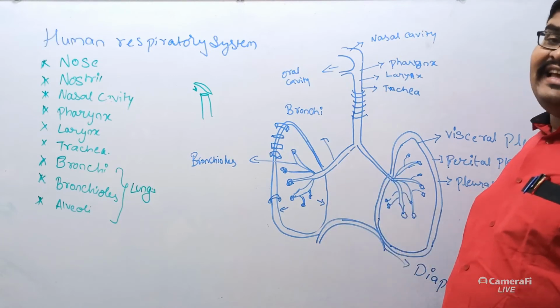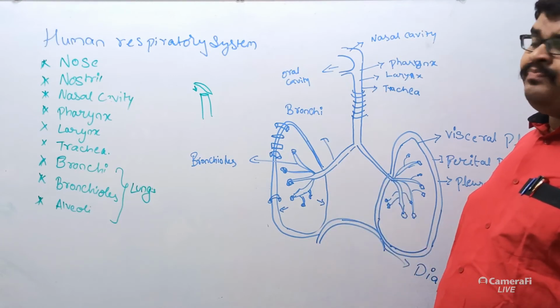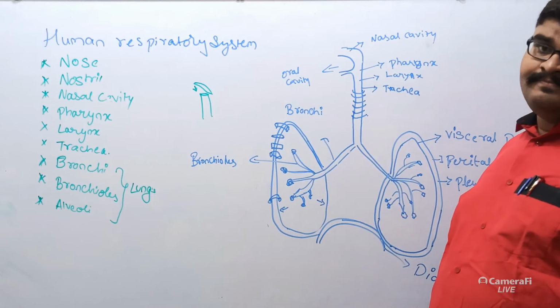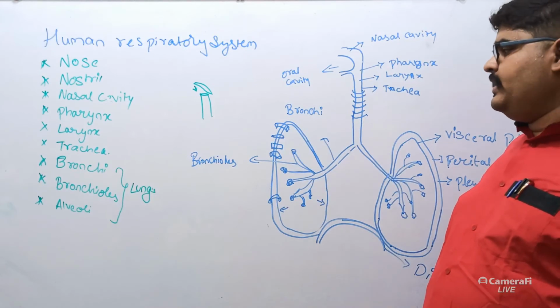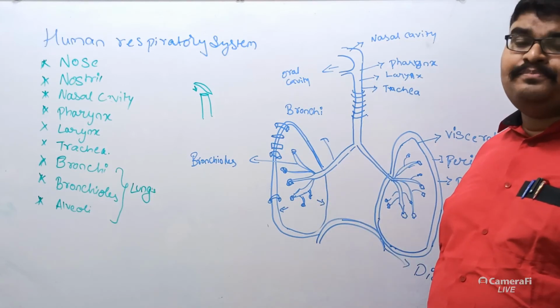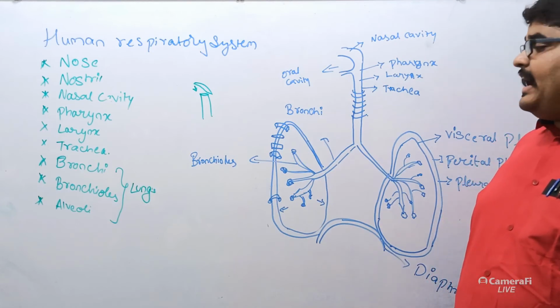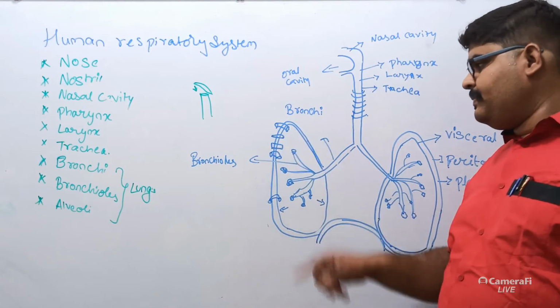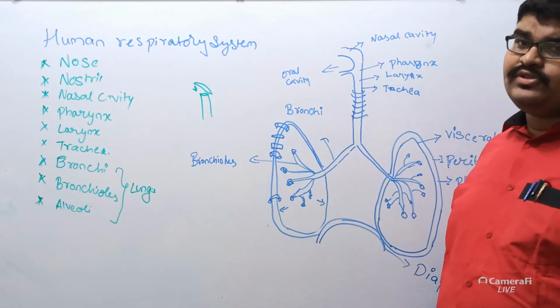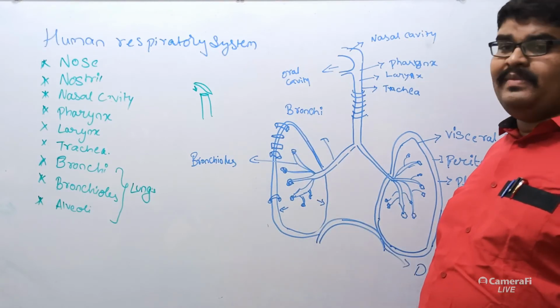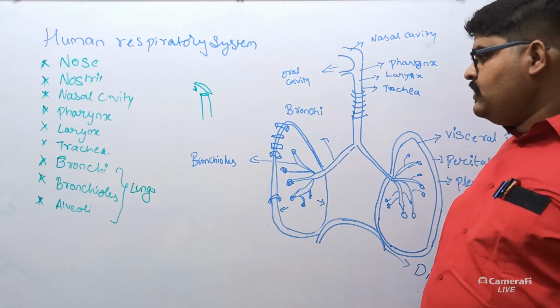The lungs are protected by a hard bony covering, and those are called the ribs or rib cage. Between the lungs and the rib cage we have a specialized type of muscles called intercostal muscles.